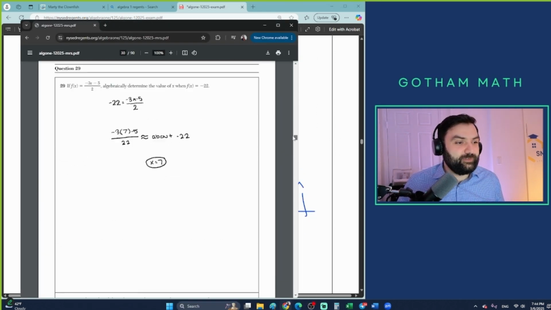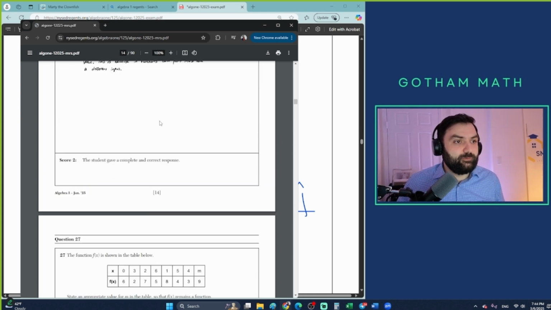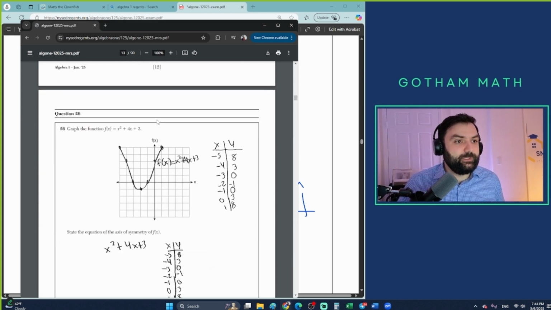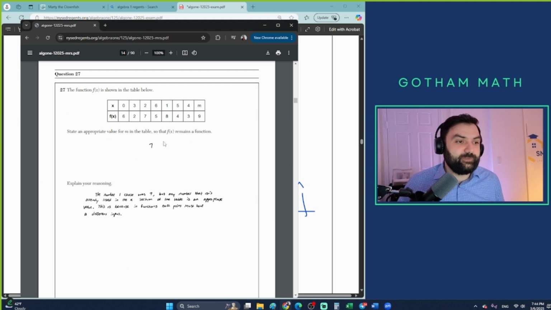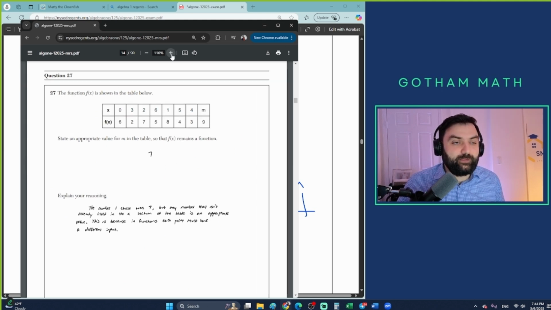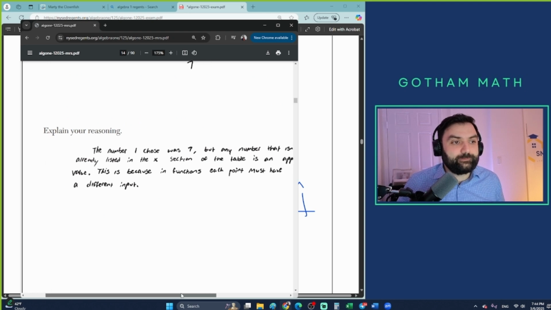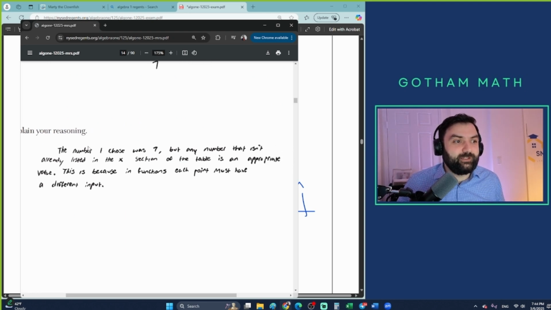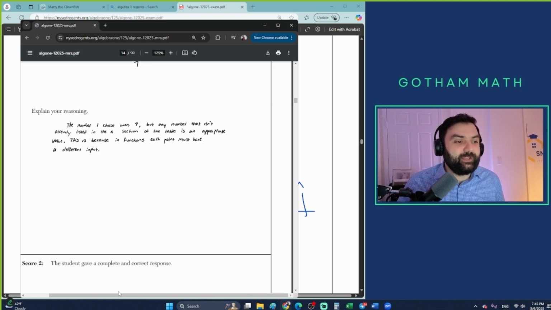Number 27. Full credit would be 7; like I said, 7 would be an appropriate answer. And why? The number I chose was 7, but any number that isn't already listed in the x section of the table is appropriate.